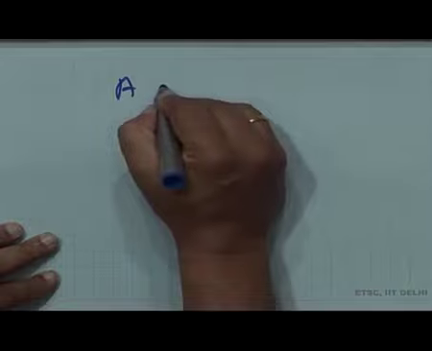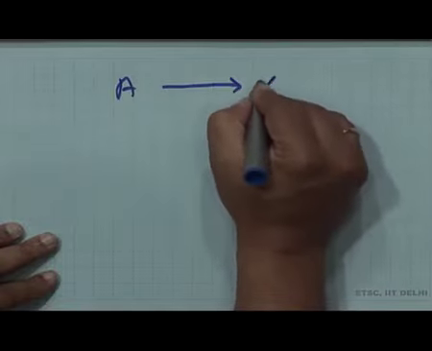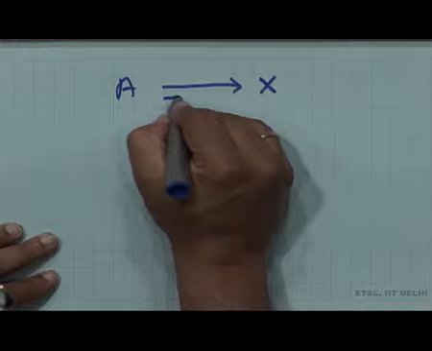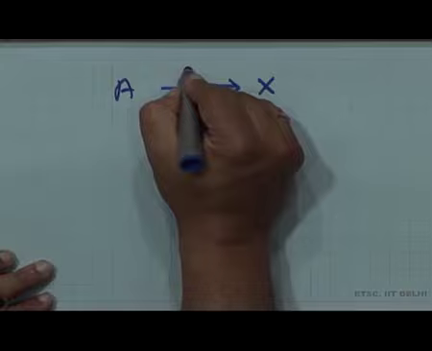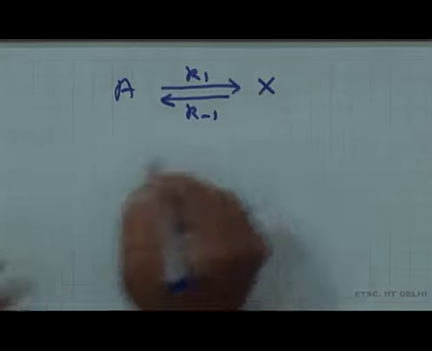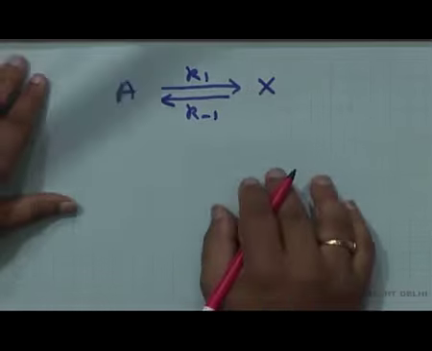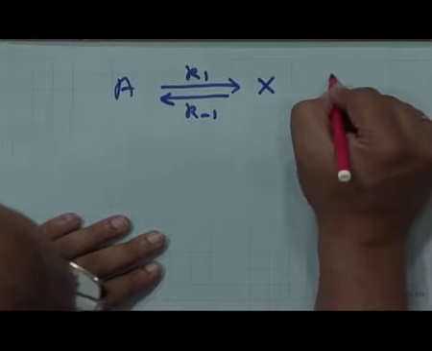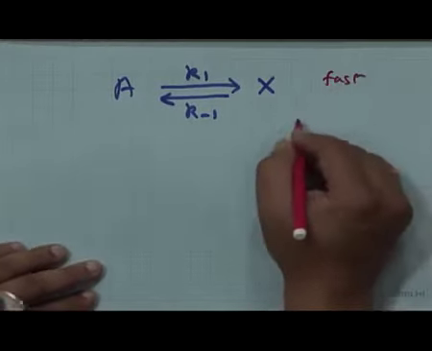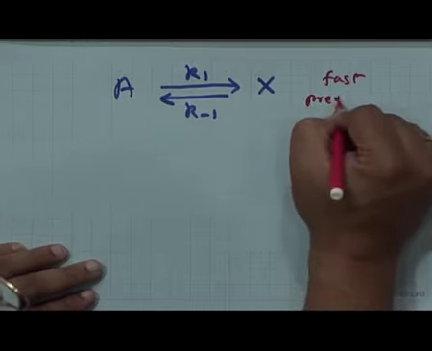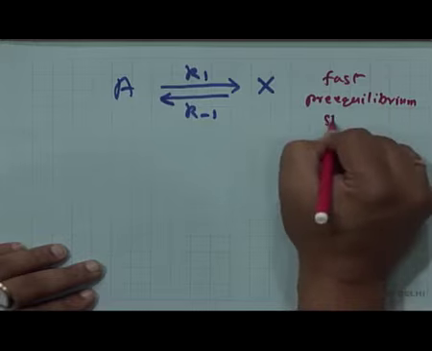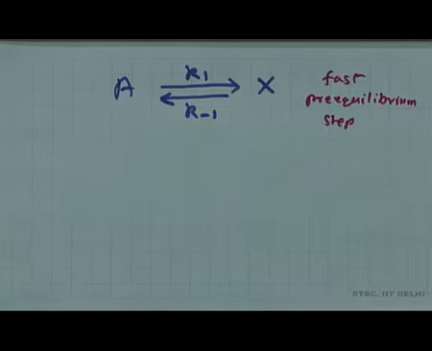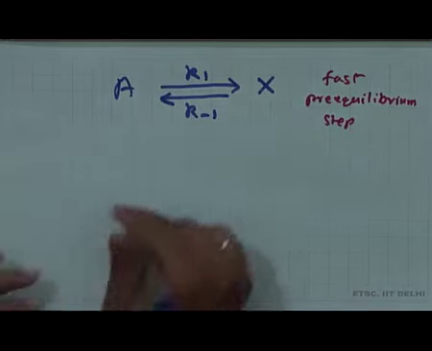A goes to X and we give it an equilibrium sign. We say this is K1, this is K minus 1, and we call the first step a fast pre-equilibrium step. Then obviously the next step is what?